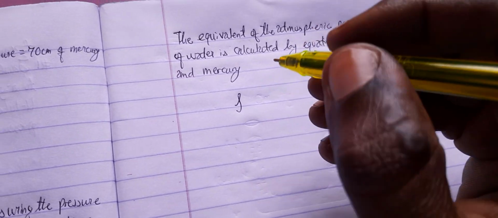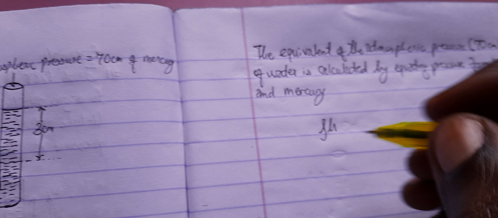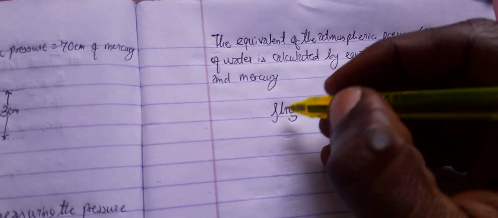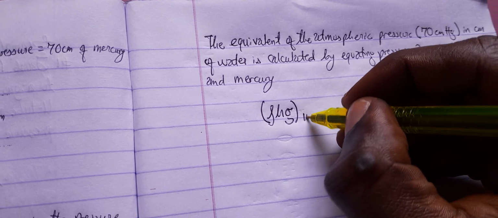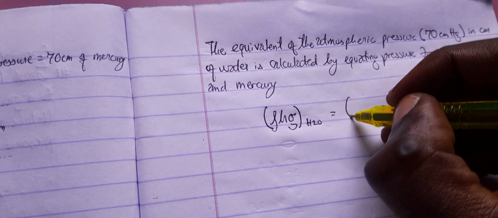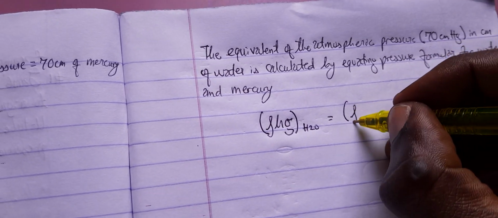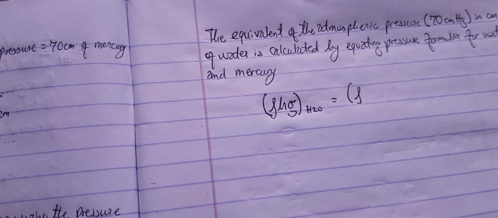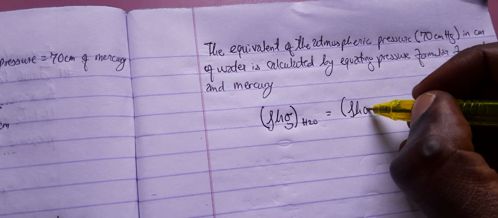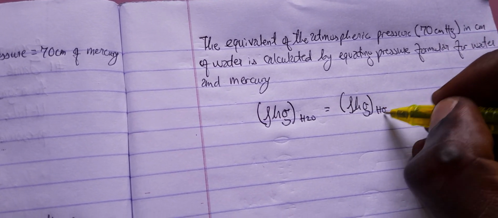Density times height times gravity of water is equal to the pressure formula for mercury: density times height times gravity of mercury.